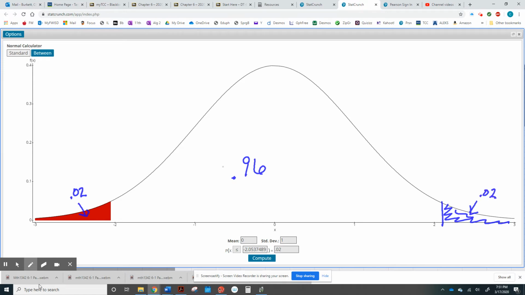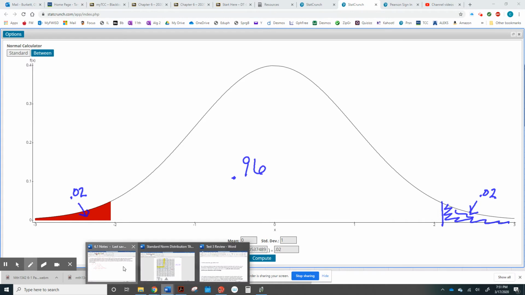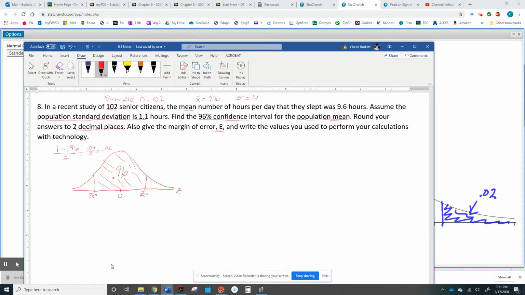And you add all of those up and you get 1. So that's why we're looking up that one right there. So the critical value, the Z-score, is negative 2.054. So it was a little bit between.